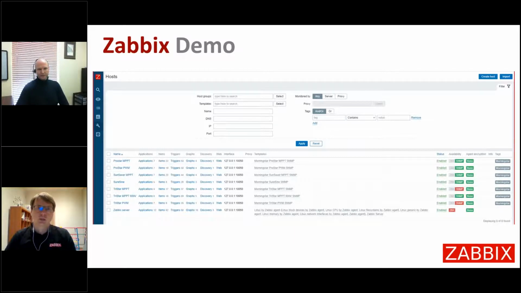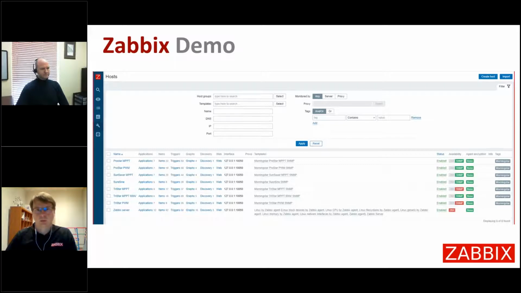So as you are looking at the demo, I would start with just a list of the hosts. The host in Zabbix terms is, for simplicity, let's call it a device, right? Here I'm not sure, maybe it's too small, but we are looking at ProStar and PPT, right? So this is the device that we are willing to monitor.